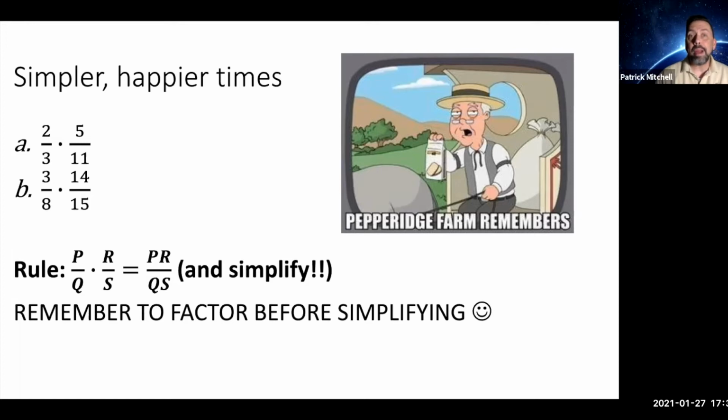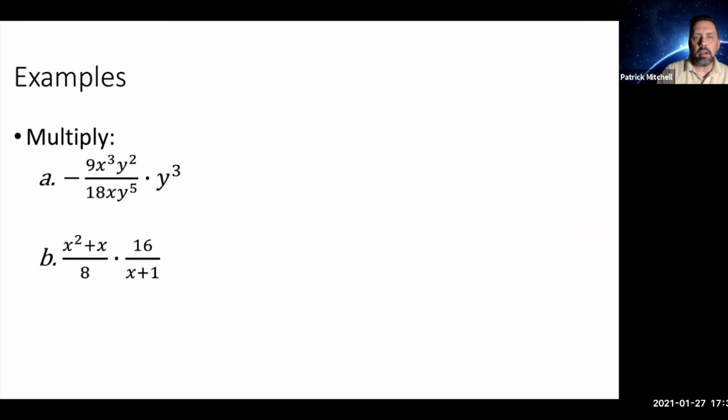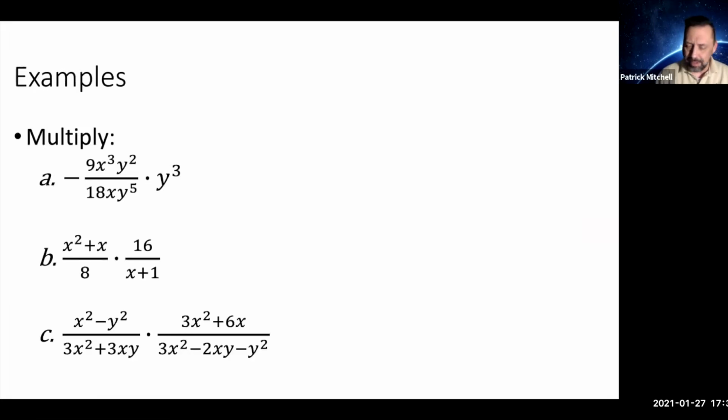And remember what we talked about in the last section. You can't simplify anything except common factors, okay? So here are the examples that we're going to be going over next. So I will switch back to the tablet and we'll take a look at those.